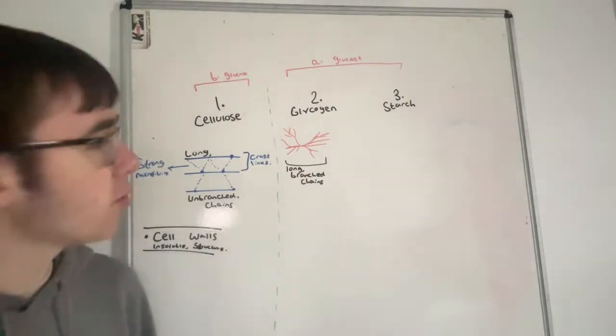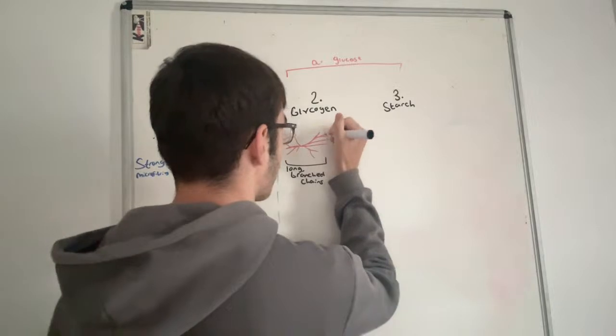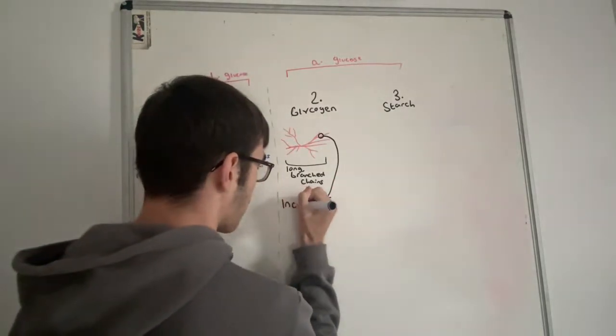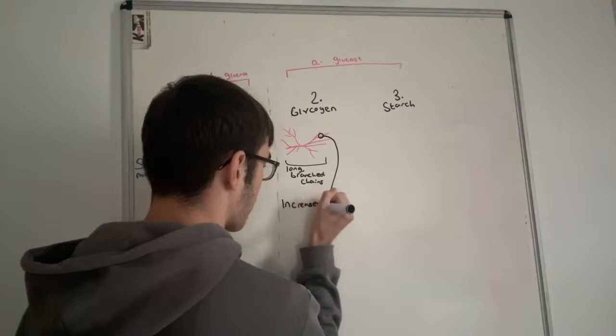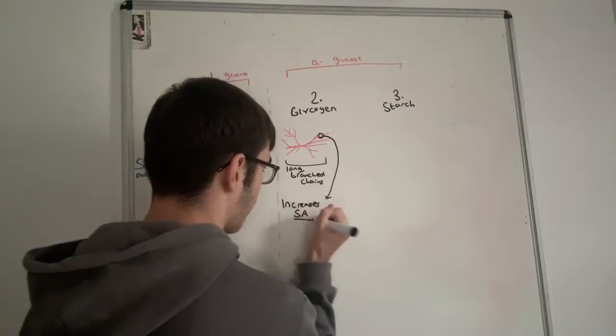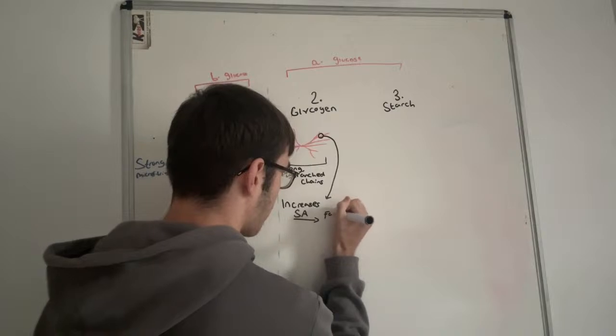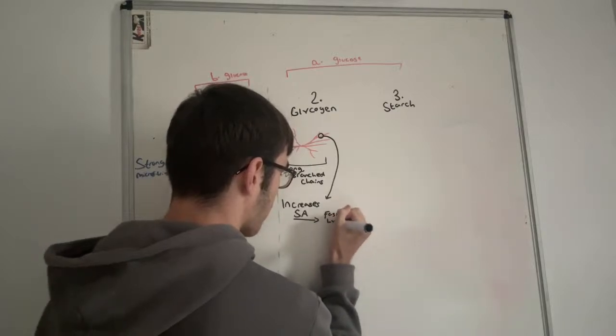And the reason you would say that it's long and branched is because it increases surface area, which leads to a faster hydrolysis.